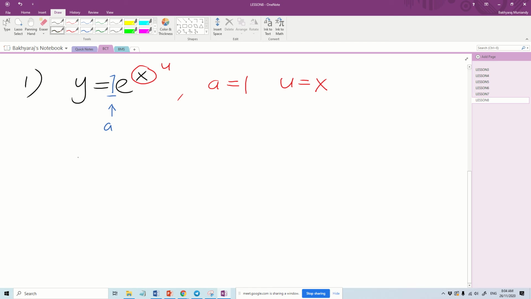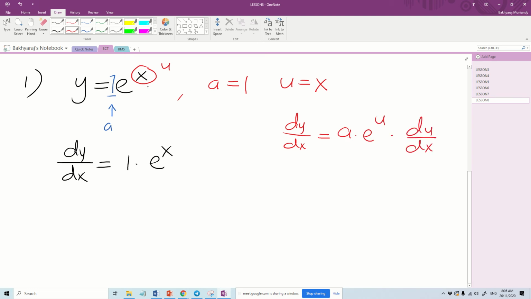To find the derivative of the exponential function, dy/dx, a is 1, and e^u is exponent x, because I follow the formula: dy/dx equals a dot e^u dot du/dx. The e^u we just copy back.